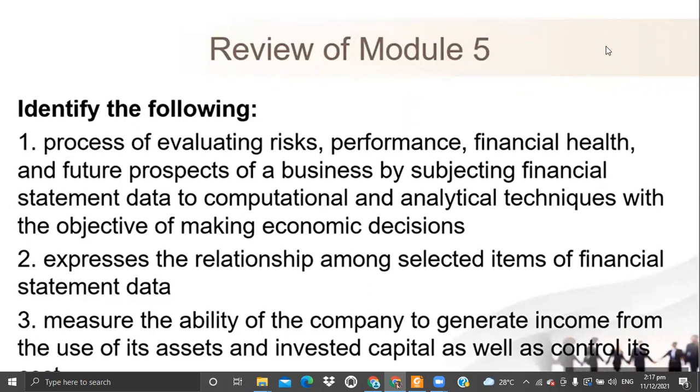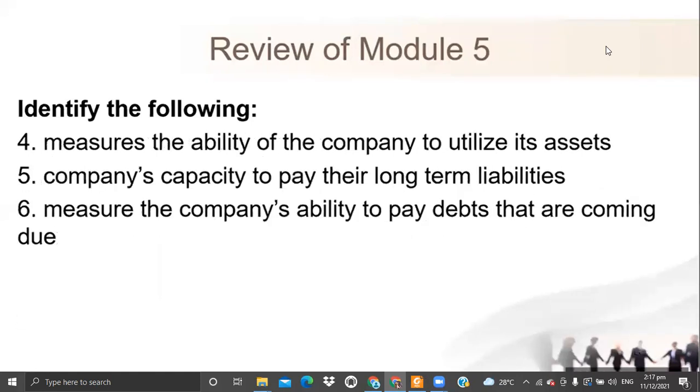Number 3, measure the ability of the company to generate income from the use of its assets and invested capital, as well as control its cost. Number 4, measure the ability of the company to utilize its assets. Number 5, company's capacity to pay their long-term liabilities. Number 6, measure the company's ability to pay debts that are coming due.